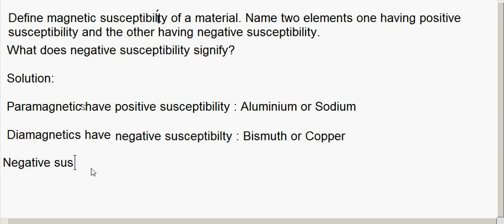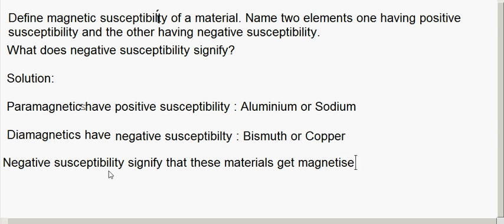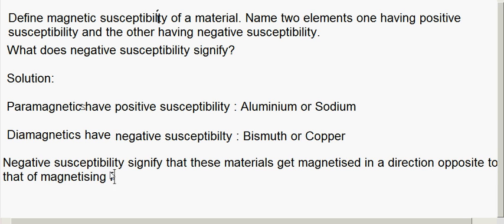Negative susceptibility means that these materials get magnetized in a direction opposite to that of the magnetizing field.